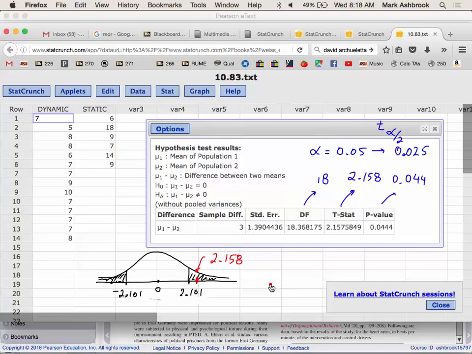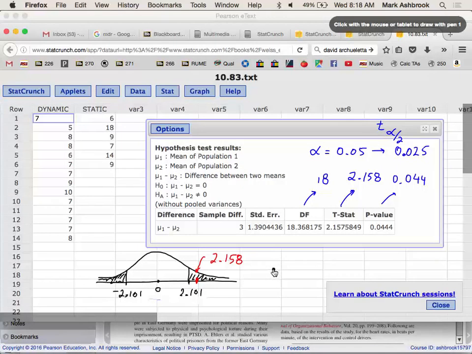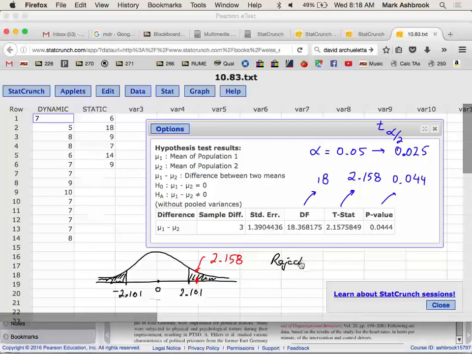Okay, so what's our conclusion in the test? Reject the null hypothesis, reject H naught. How do we interpret that? Is there evidence or not enough evidence?